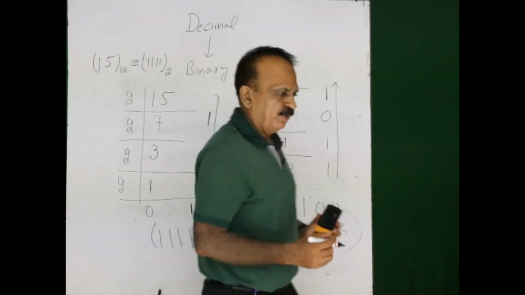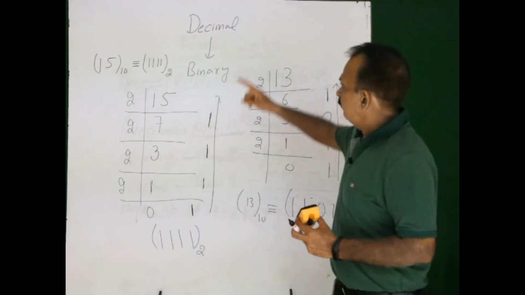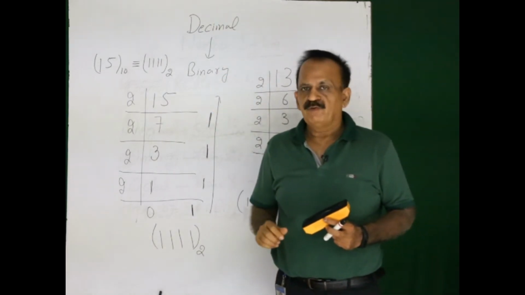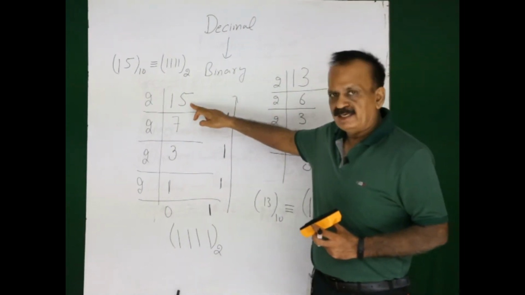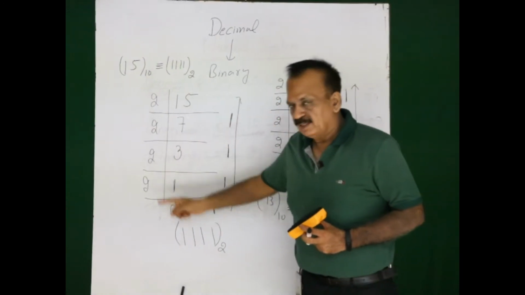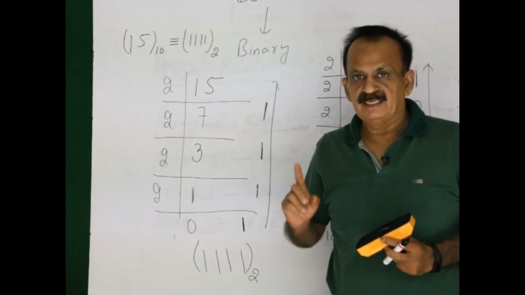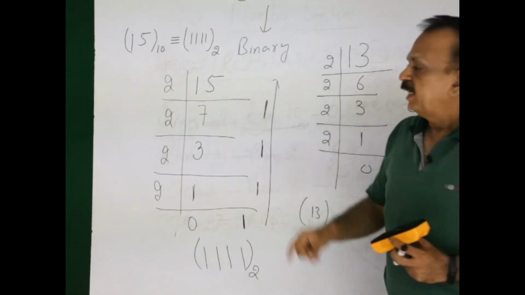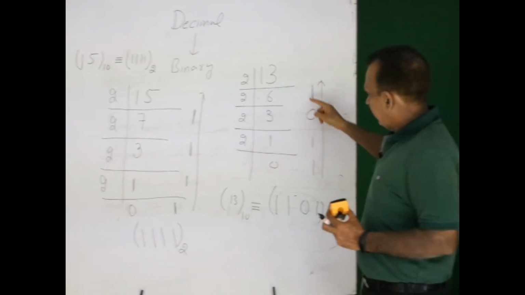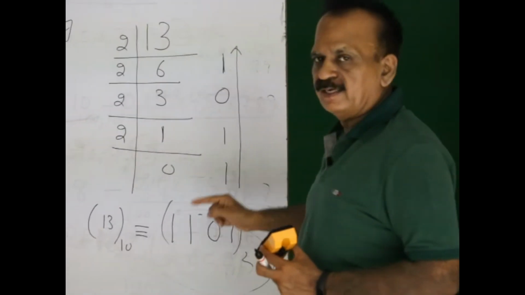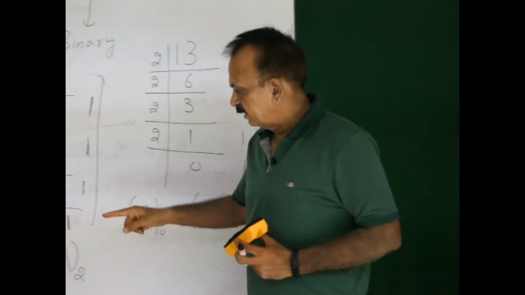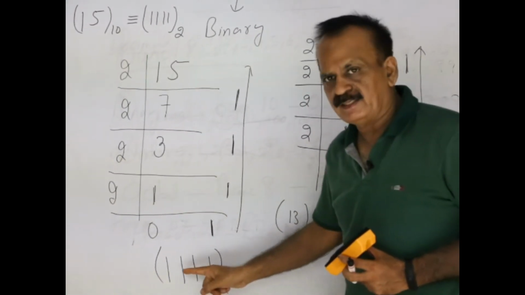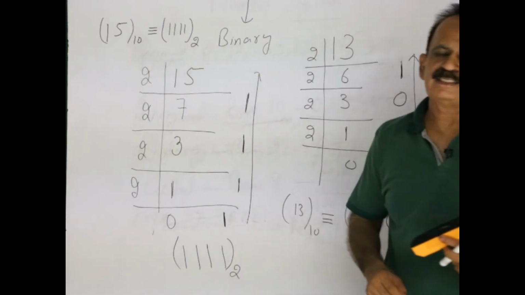So a number in decimal can be converted to binary by following these steps. First, successively divide the number by 2 and write down the remainders. I divided the number by 2 and these are the available remainders, and then write the remainder from bottom to top to get the binary equivalent of this decimal number.